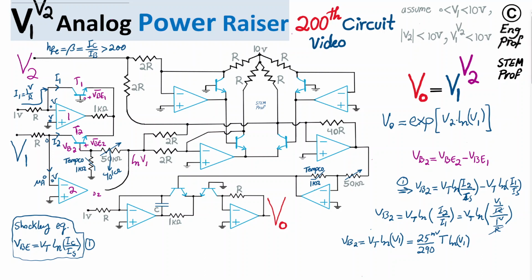So with that said, I am now going to say that the voltage at this node, which is Vout2, remember this is Vout2.